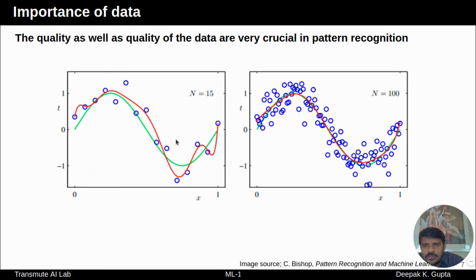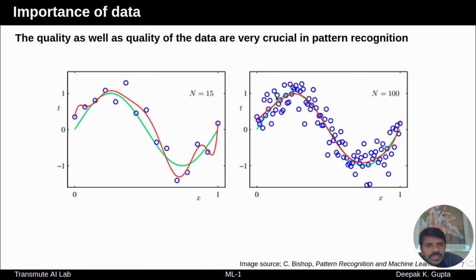In the left one, for a certain order polynomial, I'm not sure which order was chosen here, but I think it might be, let's say, sixth order polynomial. If we choose a sixth order polynomial, we see that the model starts learning the noise. We see that it shifts away from the green curve. It tries to fit as many blue circles as possible.